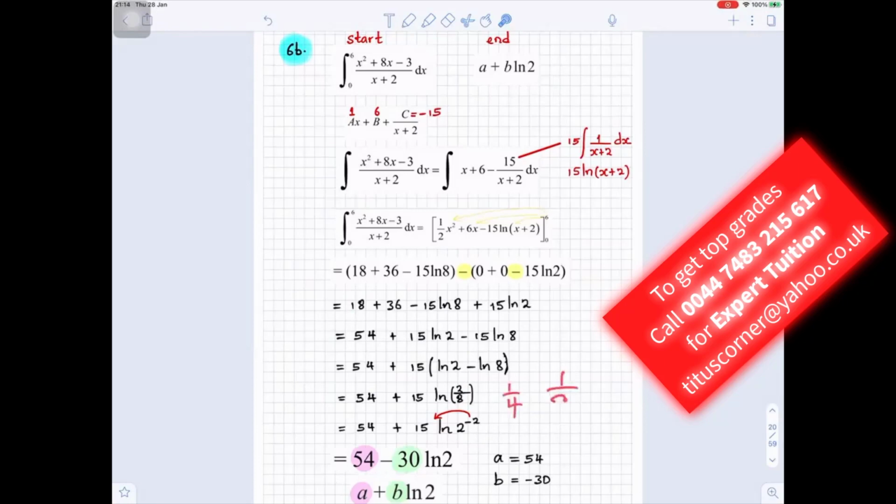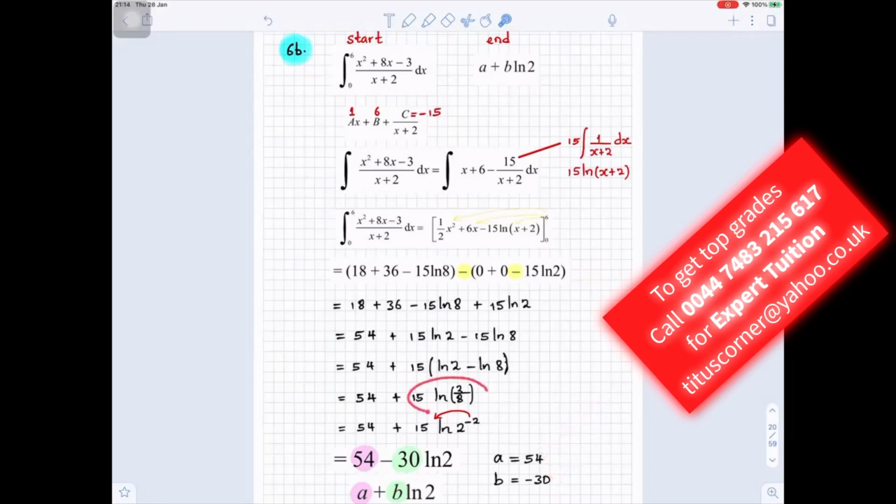And 1 over 4 is 1 over 2 squared, which is 2 to the minus 2. So the minus 2 can come to the front. It becomes minus 2 times 15, which is minus 30. So it becomes 54 minus 30 ln 2. So A is 54, B is minus 30.